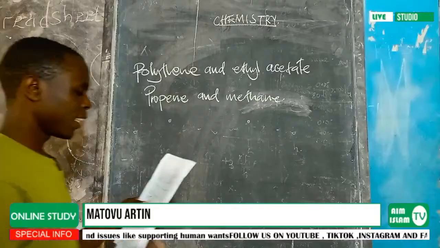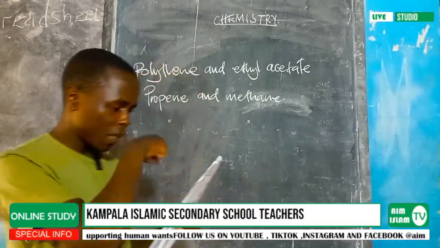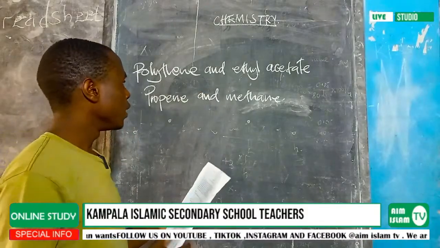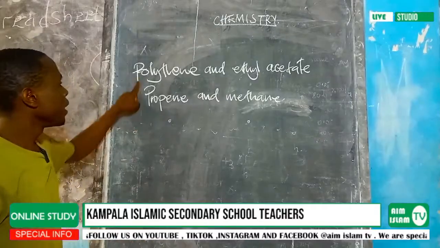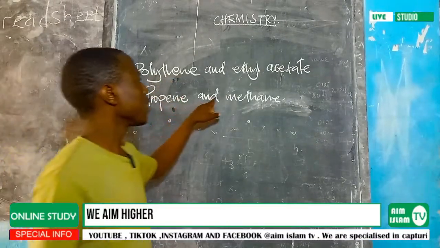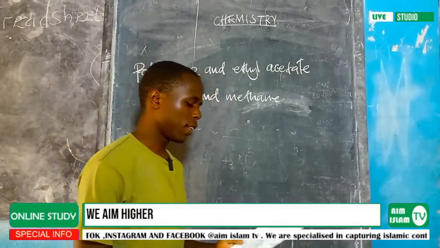So that is the first point that we can highlight from this item. Respectively, it means that polyethylene is got from propene and ethyl acetate is obtained from methane, in other words.